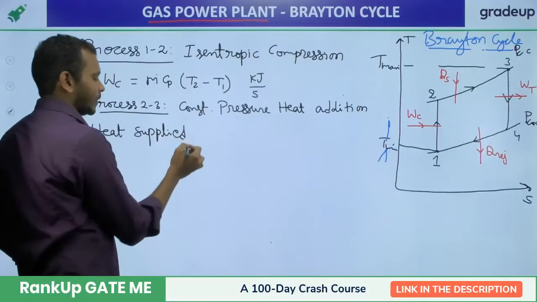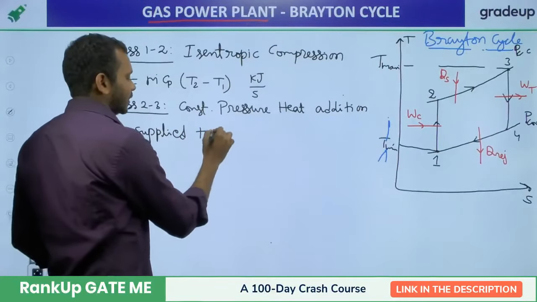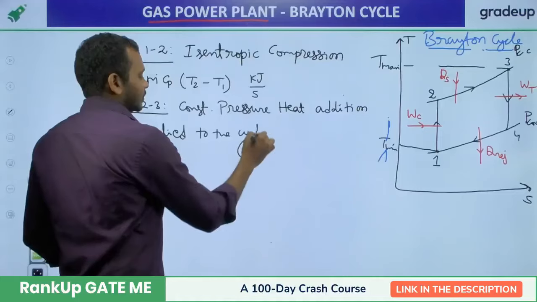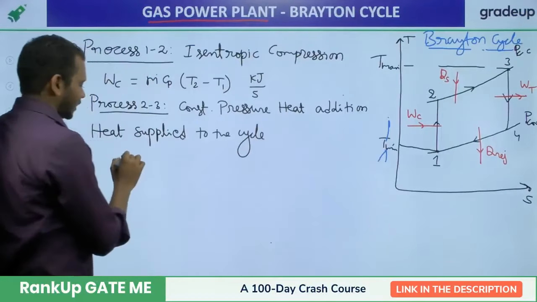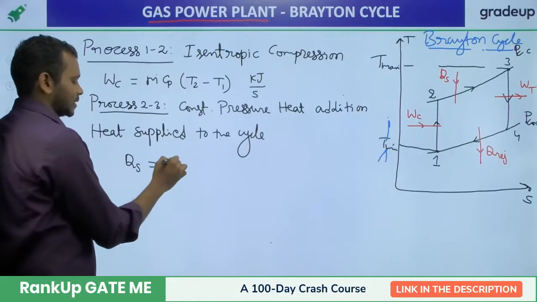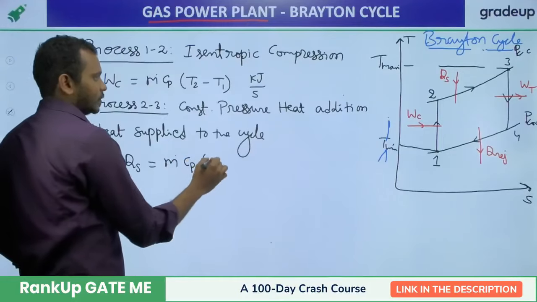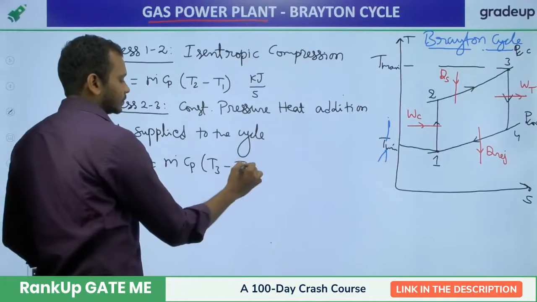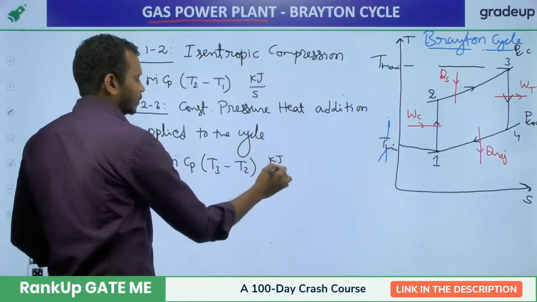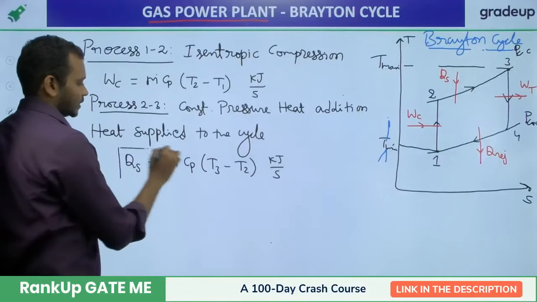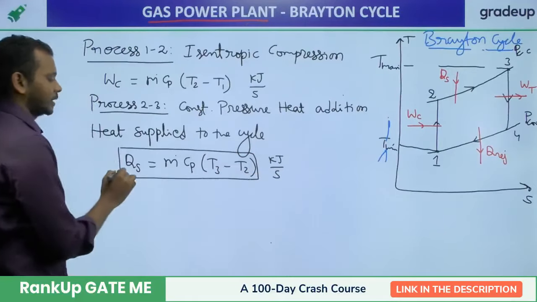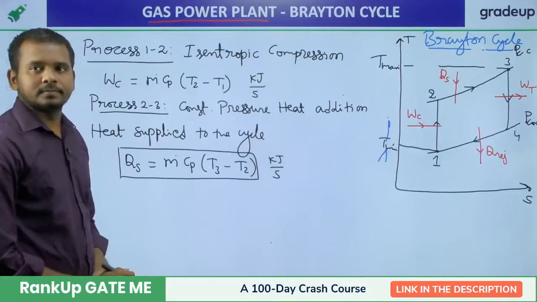You should always practice writing heat supplied to the cycle. Heat supplied to the cycle in a constant pressure process is m into Cp into T3 minus T2, either in kilojoule per second or joule per second. This is the heat supplied to the cycle during a cycle.